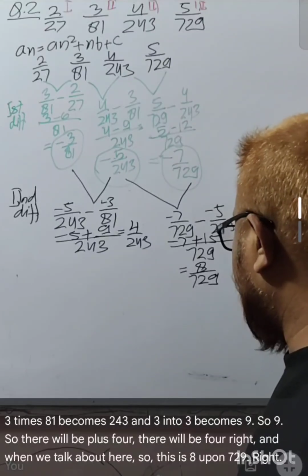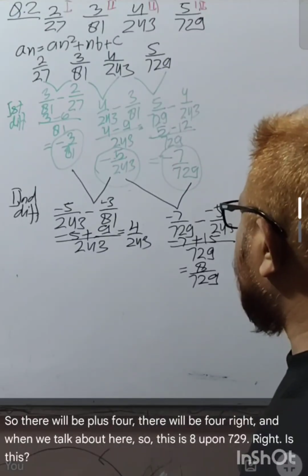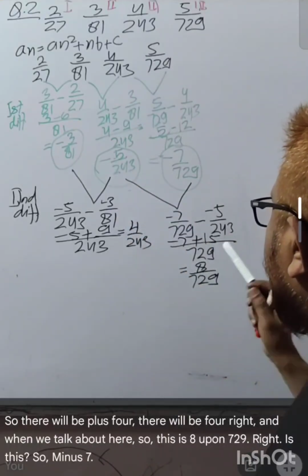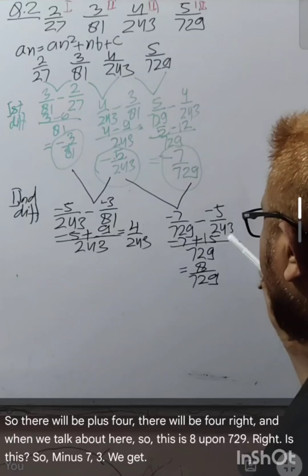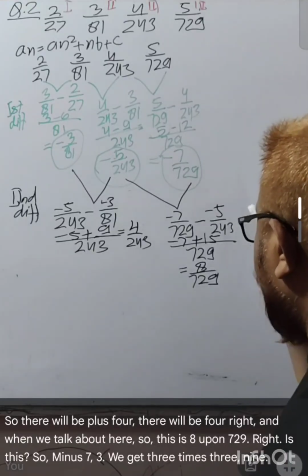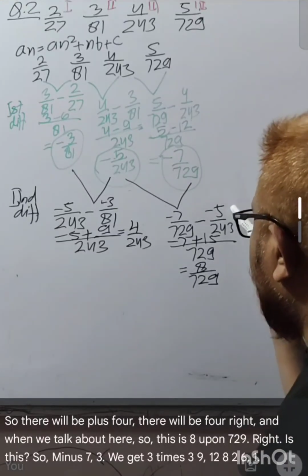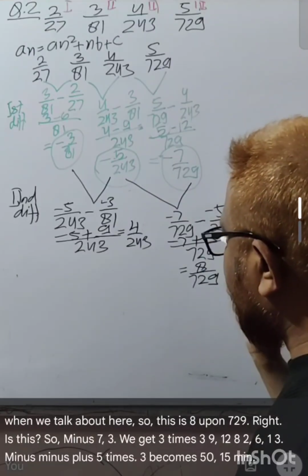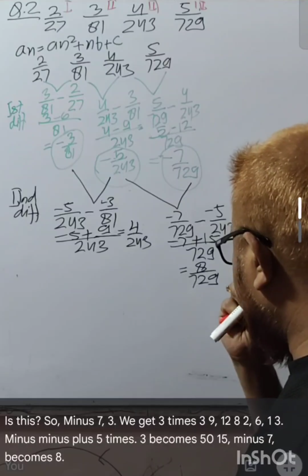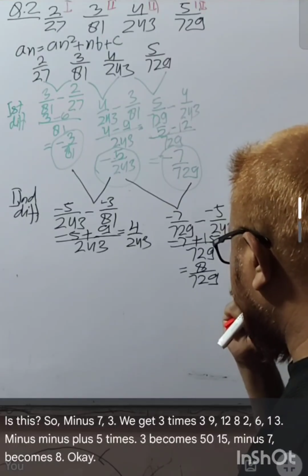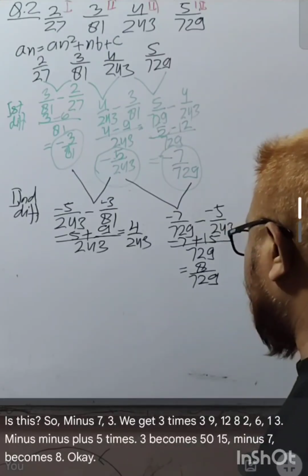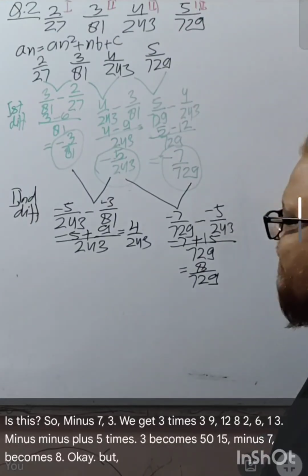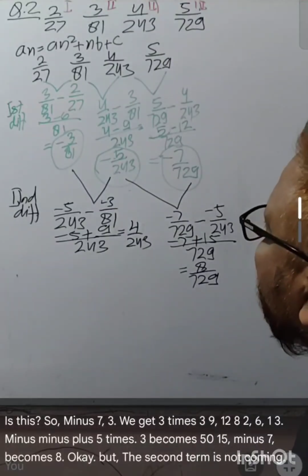Minus 7, 3 times 3 is 9, 12. Minus minus plus, 5 times 3 becomes 15, and 15 minus 7 becomes 8. Okay. But this second difference is not coming constant.